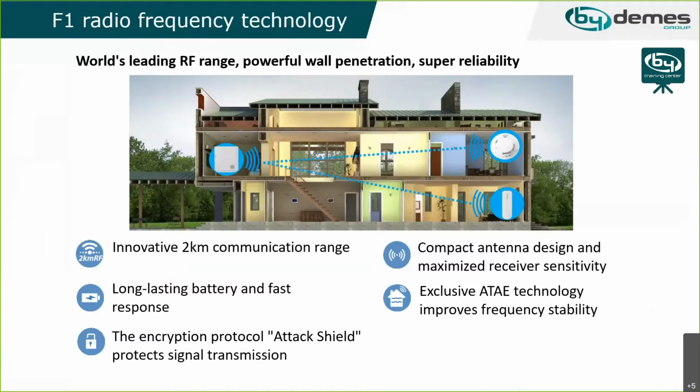For example, if you have one device far from the panel, the system will transmit with more power or less power depending on the distance. It's an encrypted protocol, and it's also very stable.